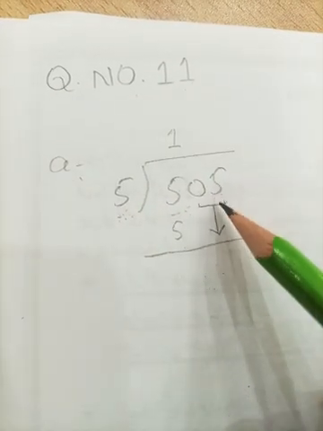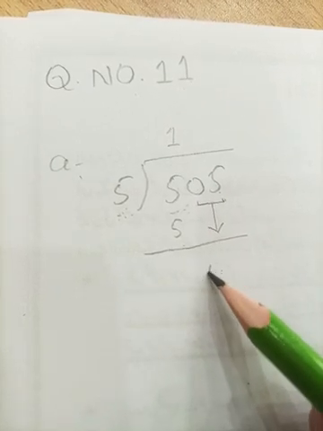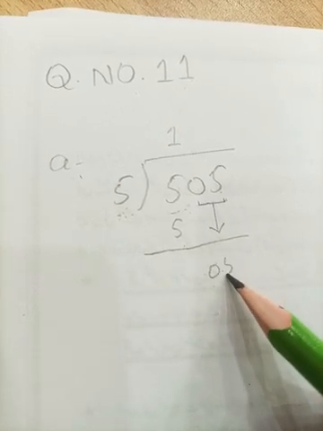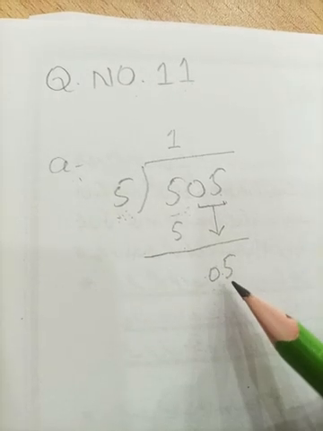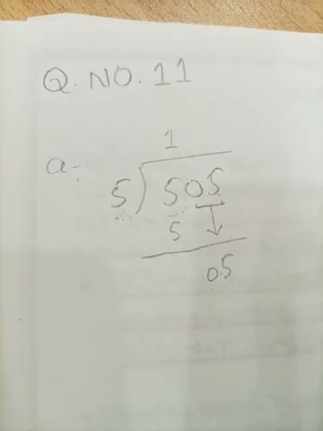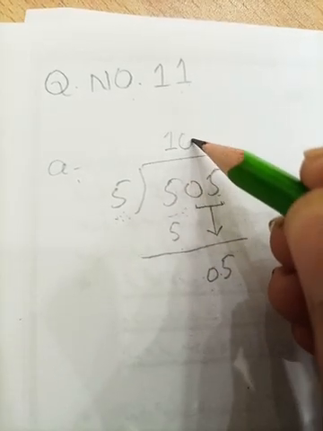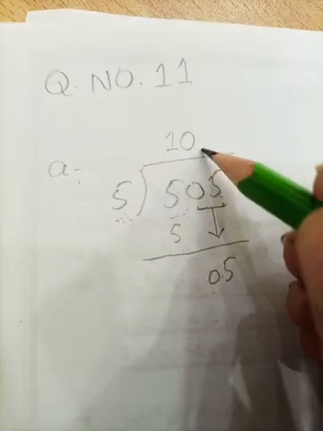So I will take these two digits all together here, and as a result of taking two digits down, I will write a 0 in my quotient.